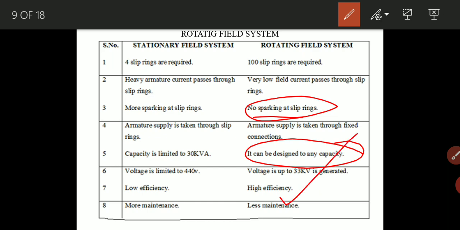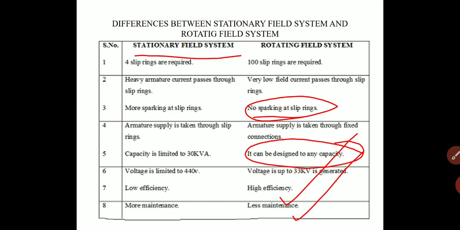Its efficiency is also high, with low maintenance as compared to the stationary field system. Okay, this is the comparison between the stationary field system and the rotating field system.